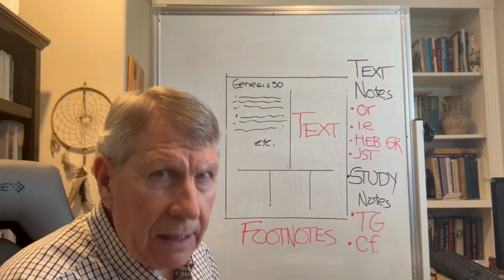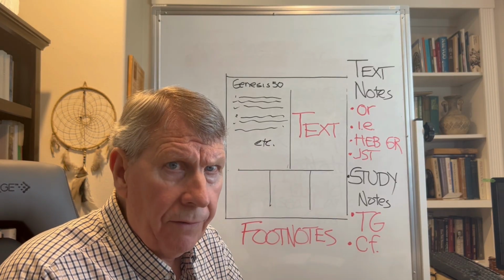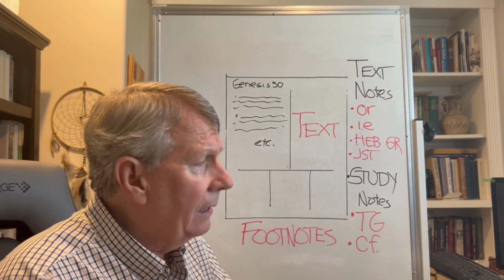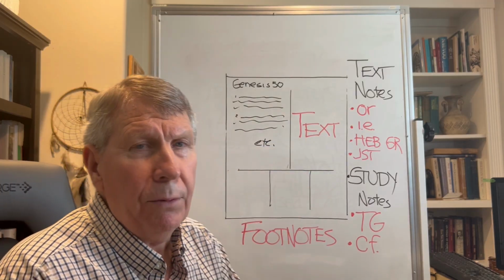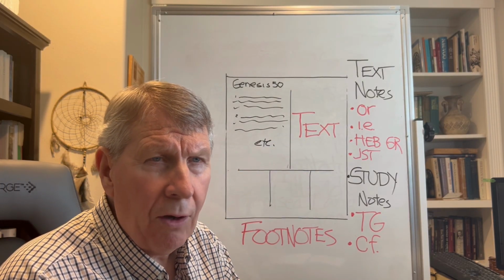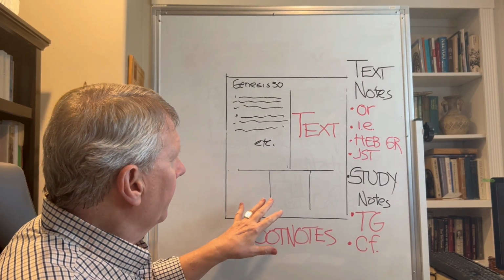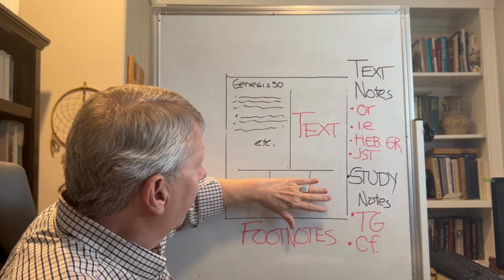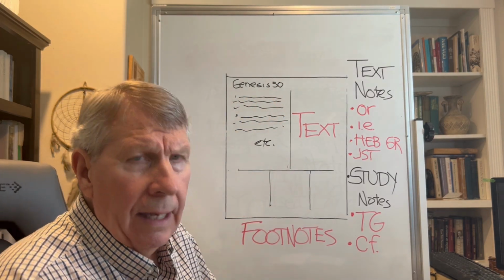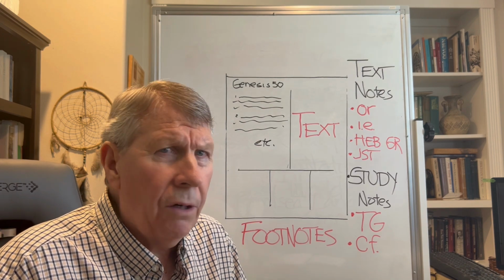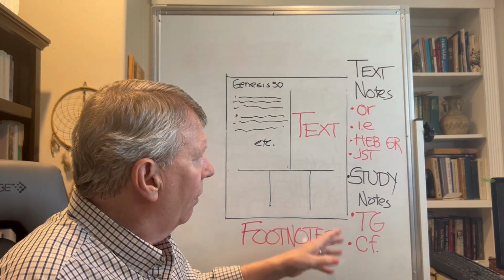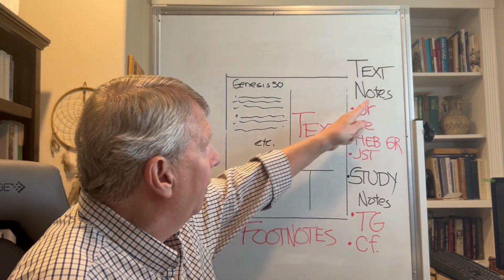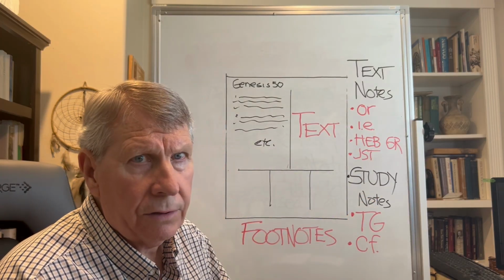These are study notes. They're for study. They're not going to help you understand the text immediately. These four help you understand the text immediately. I hope that makes sense, because when you open up a page, you've got a lot of footnotes down here, and if you're utilizing electronically, you don't know whether any of those notes that you come across are either text notes or study notes.